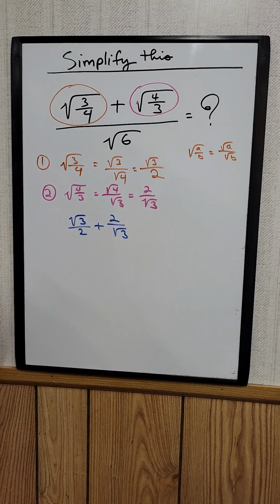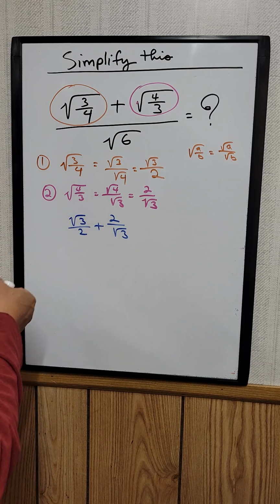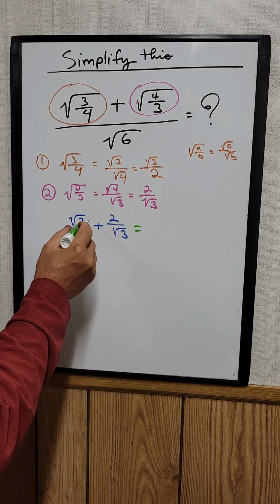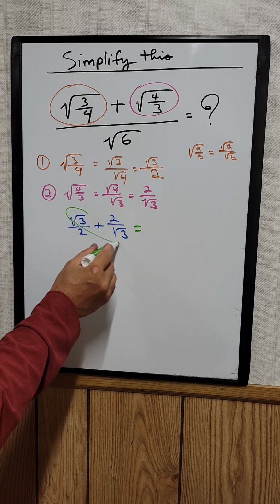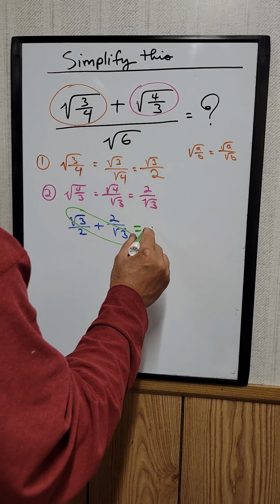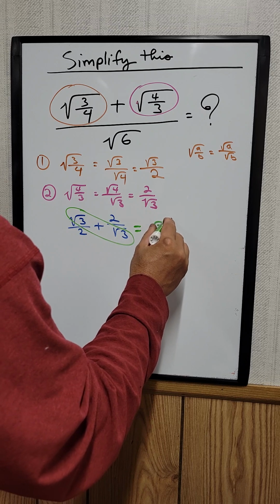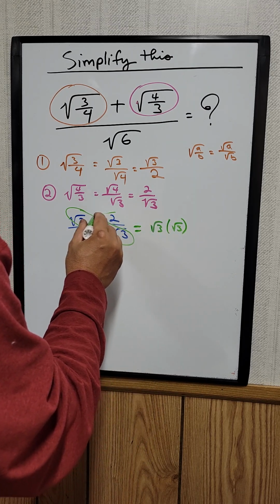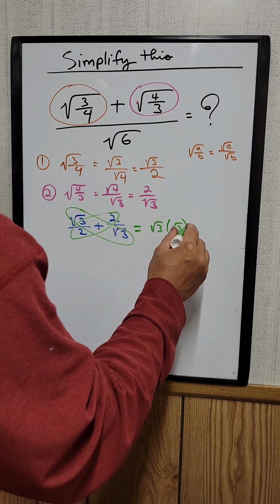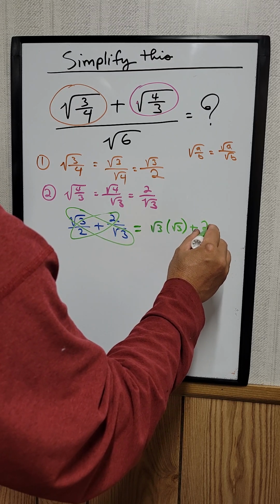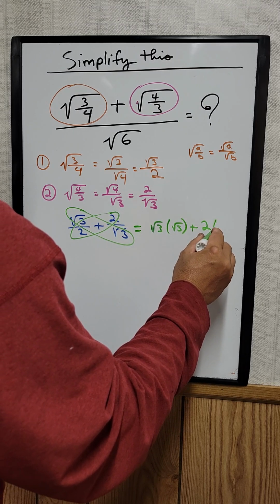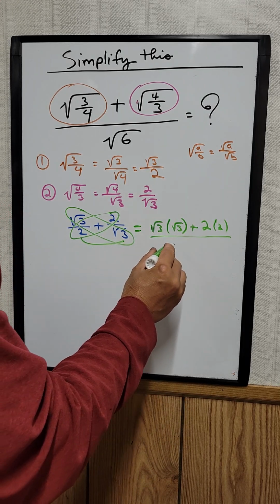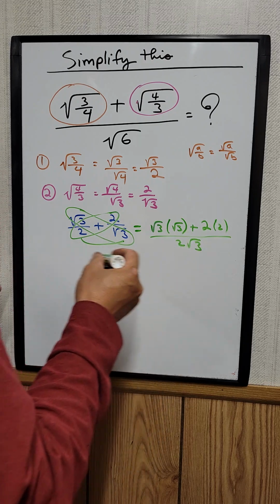Okay, now we can use the butterfly method. The butterfly method is just this: multiply that. So the square root of 3 times the square root of 3, and then this one right here, plus 2 times 2, divided by 2 times the square root of 3.